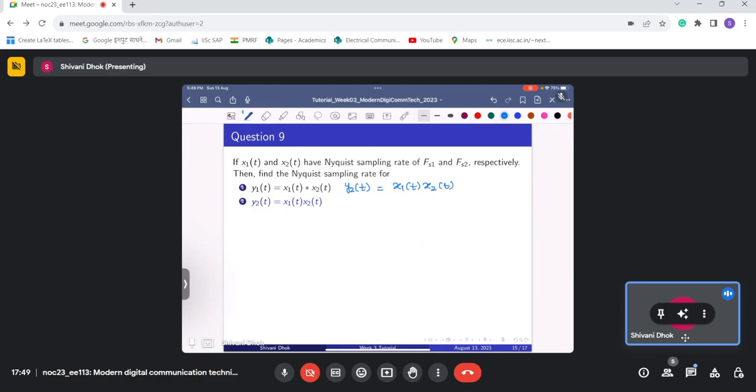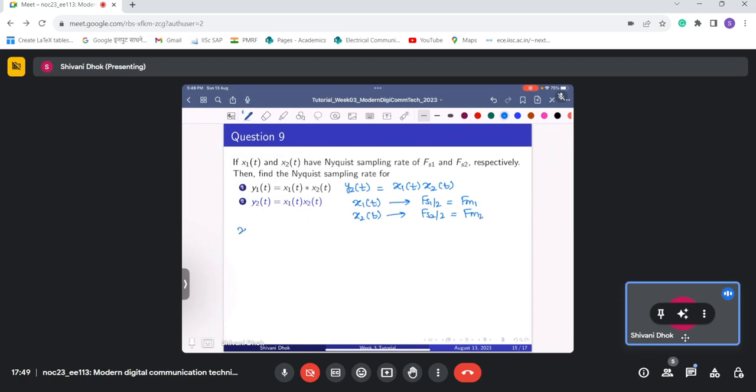Again, we have seen that this x1(t) has maximum frequency as this, and x2(t) has maximum frequency as this, as discussed in the previous part also. That remains the same.